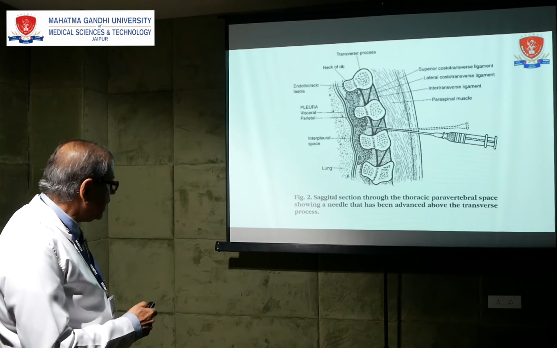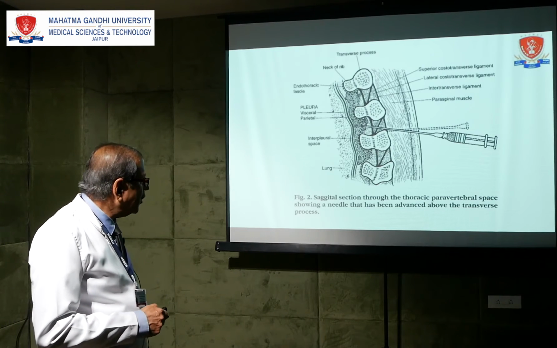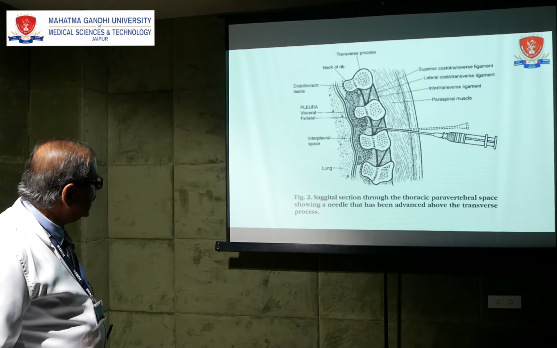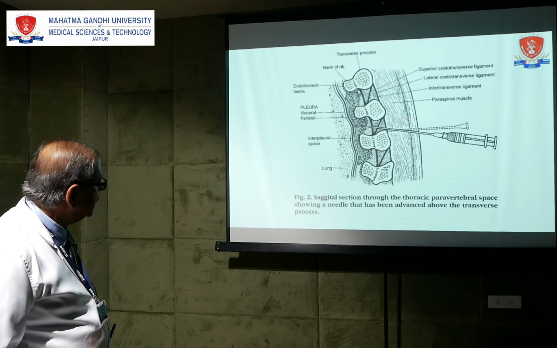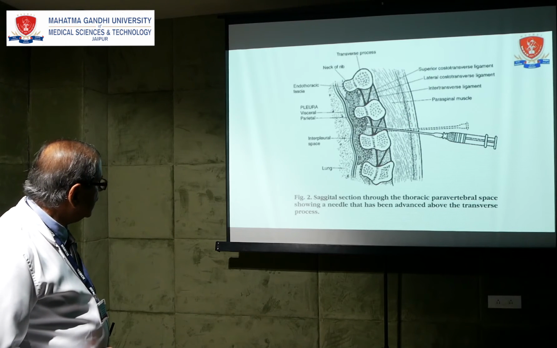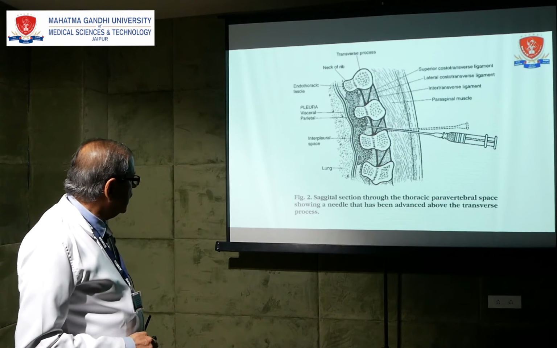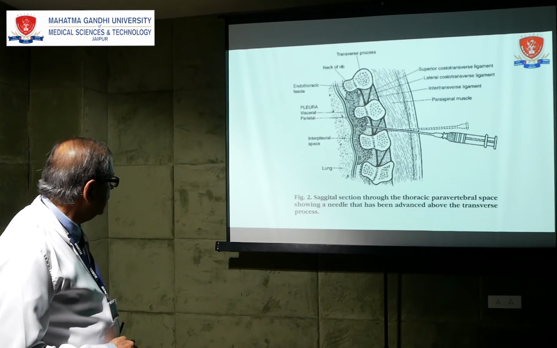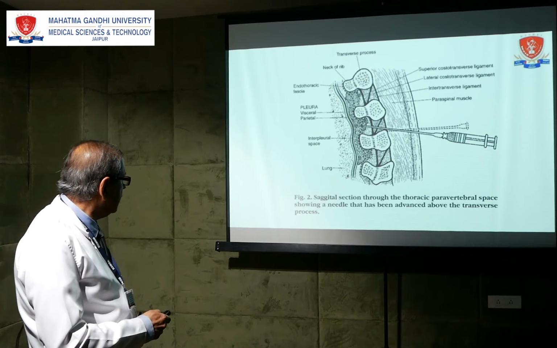Now, this is a picture where you can see what all structures you will be crossing. So, you will be crossing the skin, subcutaneous tissue, and then muscles, and through the interspinous space you are trying to go there, which is the target area.